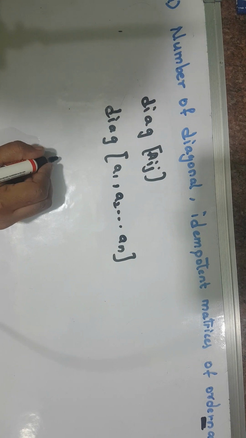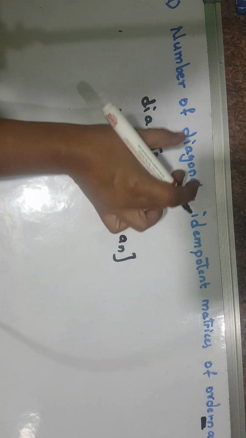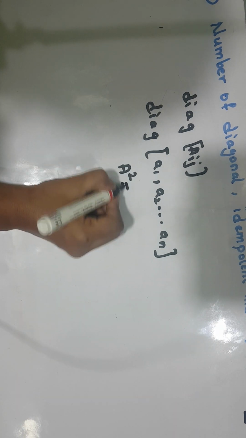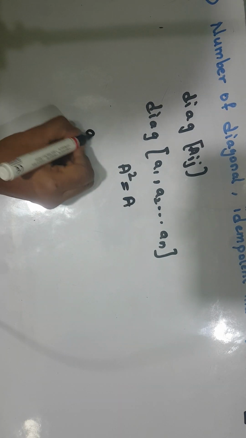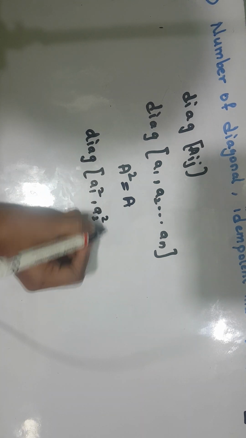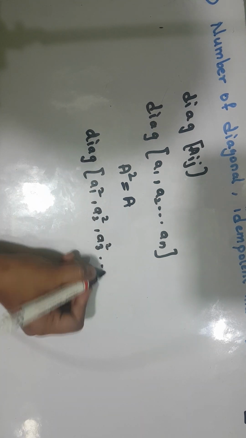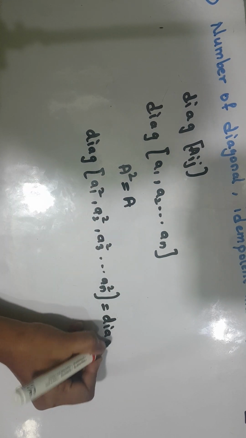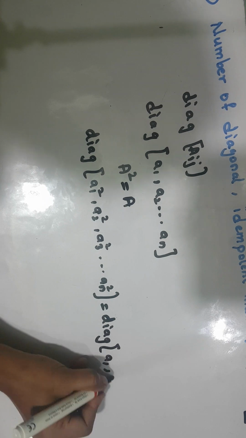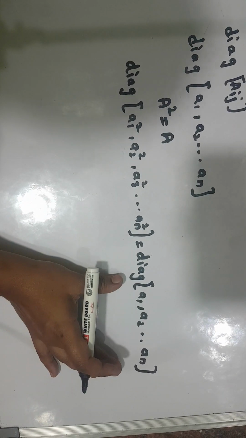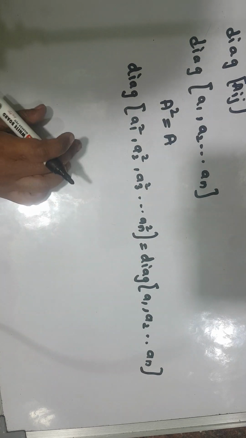Idempotent matrix means A square is equal to A, so the diagonal elements are a1 square, a2 square, a3 square and so on, an square, equal to a1, a2 and so on, an.